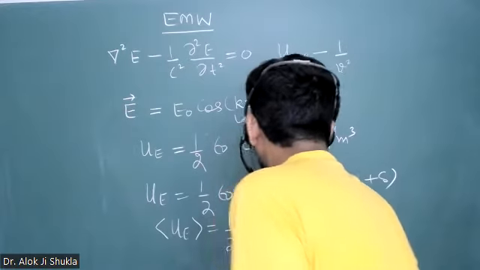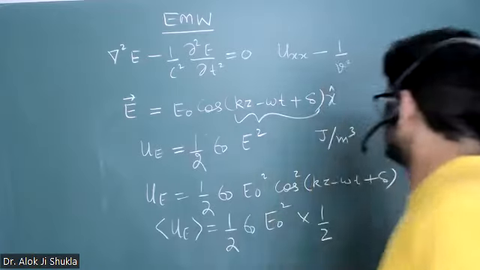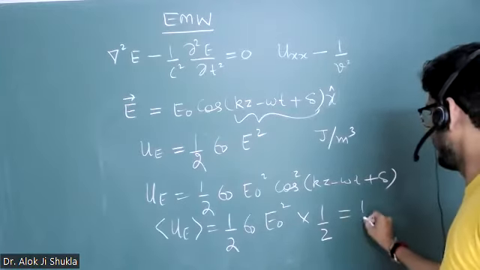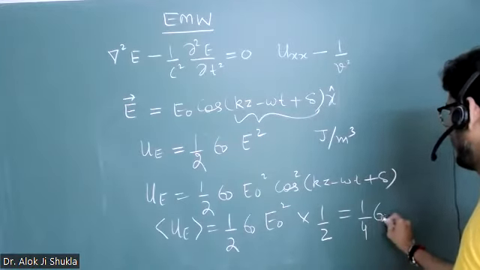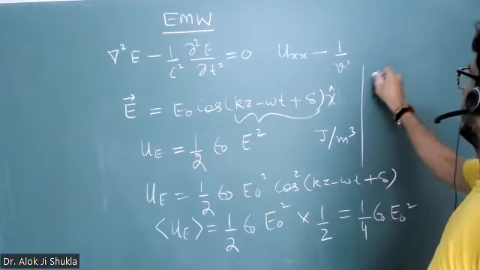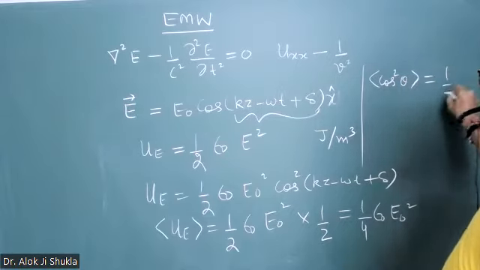So we will write the average of this and this will become half. So this will become 1 by 4 epsilon naught E naught squared, where I have used that the average of cos squared theta is equal to half.